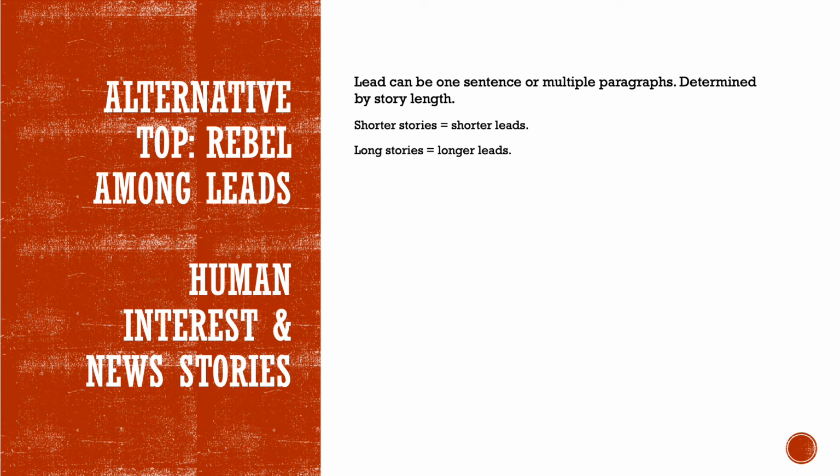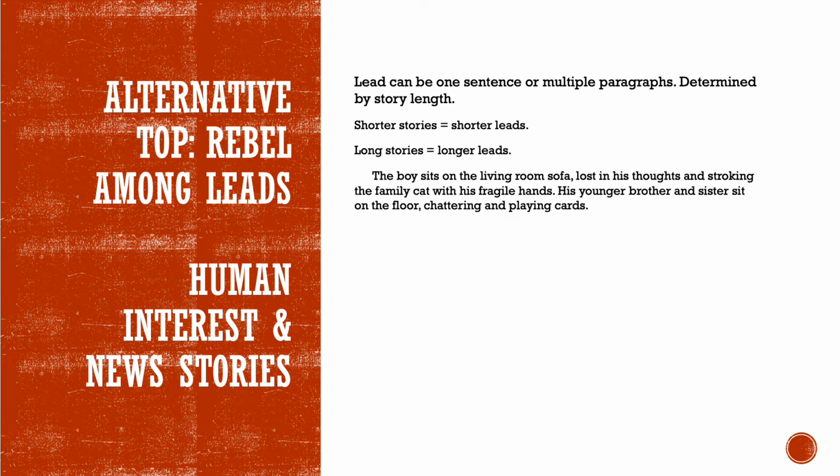You know, if you're triple X, you're going to buy what fits you. You're not going to buy anything too small. You're not going to buy anything too long. And so the more you read, the more you practice, the more you become accustomed to a proper length for a story. But again, sometimes you can err on the short side. If you're not sure what to do, you can't go wrong doing that.